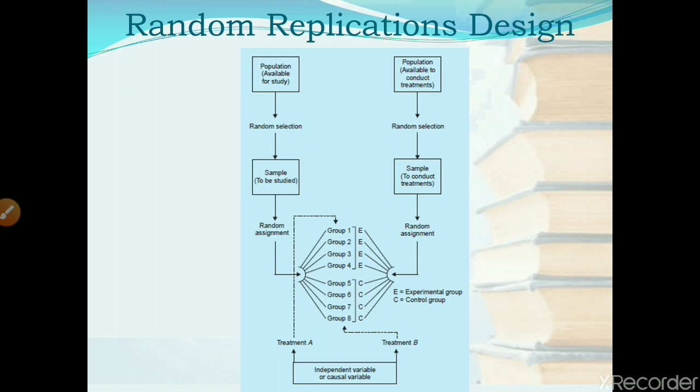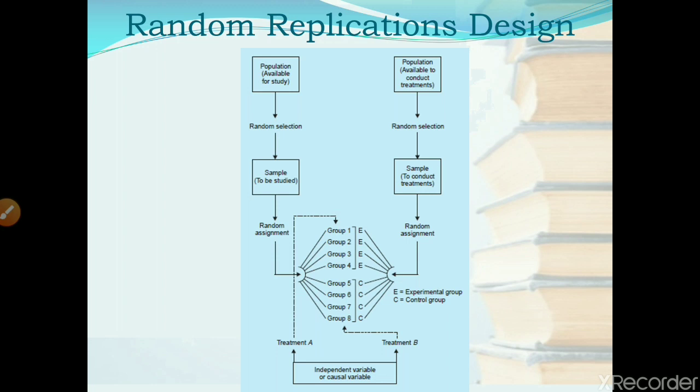So in this design, the effect of differences in treatment is minimized by providing a number of repetitions for each treatment, and each repetition is called a replication. So there are two populations in the replication design. The sample is taken randomly from the population available for study and is randomly assigned to experimental and control groups.